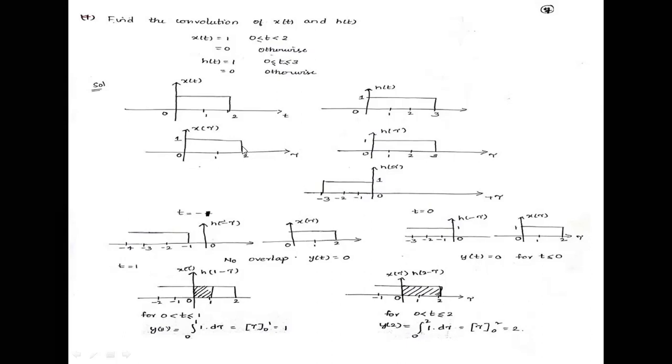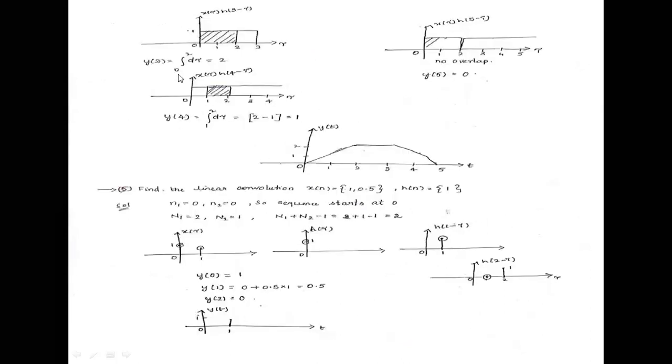Still one step ahead means 1 to 4, then 2 to 5, and then 3 to 5 there is no overlapping. So following 0 to 1 and 0 to 2, next is 0 to 3, 0 to 2, then 1 to 2, and at 5 there is no overlapping. After that we get the values. Draw a graphical representation. It is not a staircase, my dear students. Once again, I'm saying it is a slope, then it is constant, and there is a slope here.